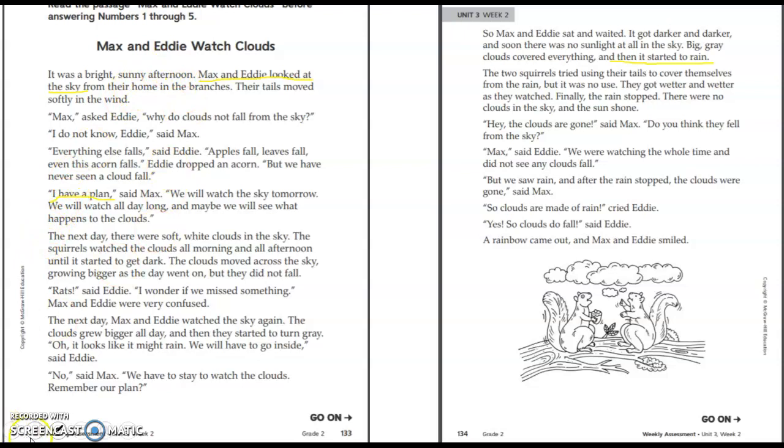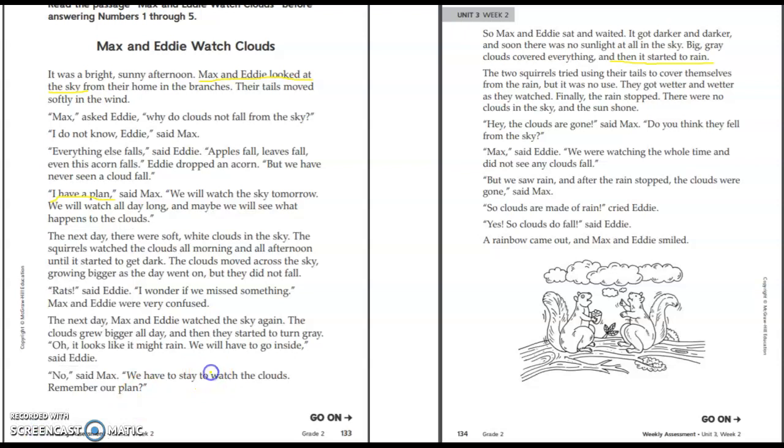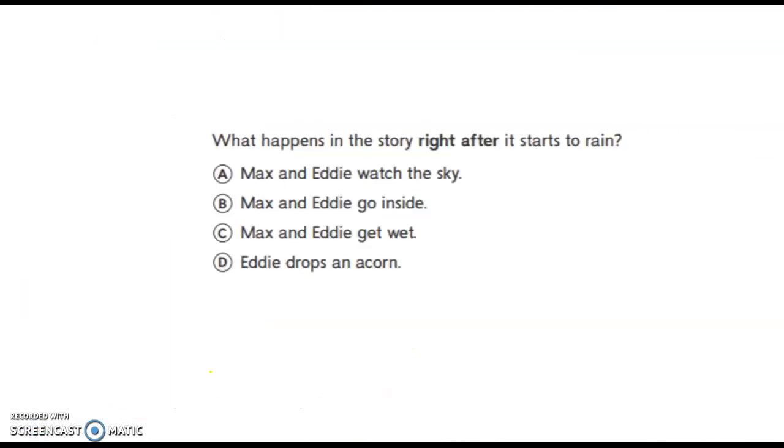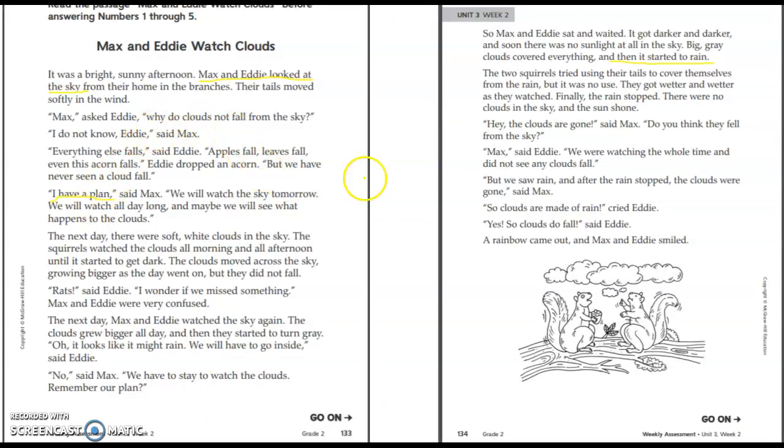Okay, going back to the question. So Max and Eddie watch the sky. They go inside, they get wet, or they drop an acorn. Looking over here, it says they got wetter and wetter.